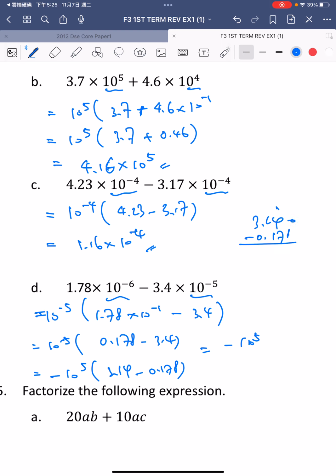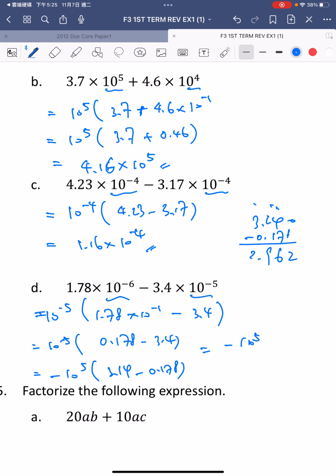So this is 0. You got 2 left. Then 13 minus 7 gives you 6. And then what we have is 3.4. Sorry, 3.14. So this should be 0. Then they have a 9. So it's 2.962.